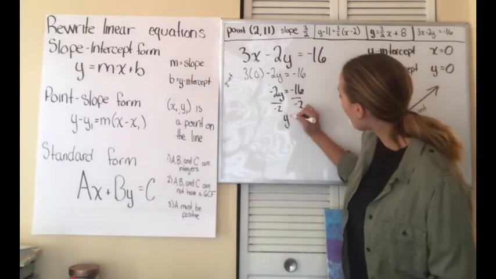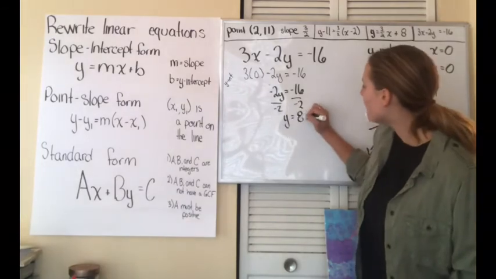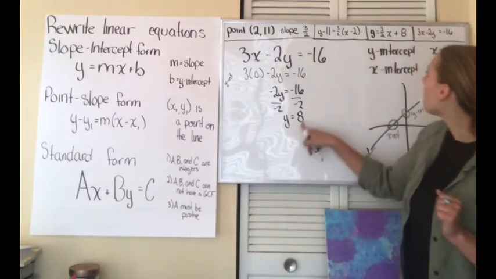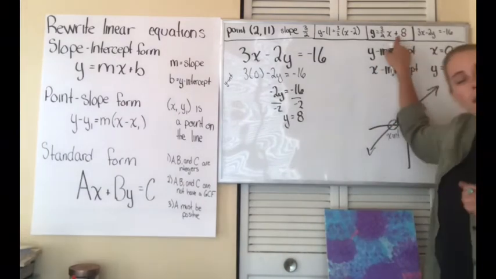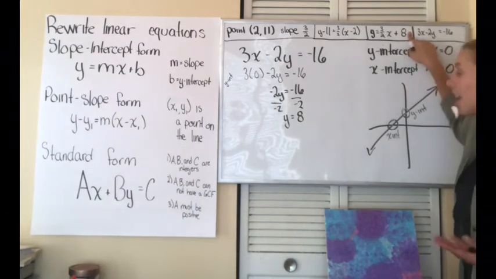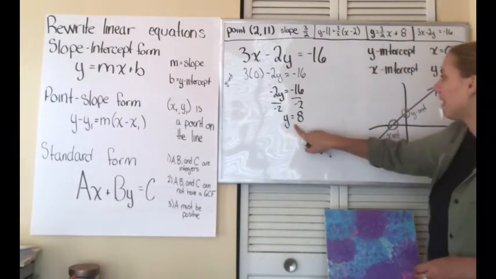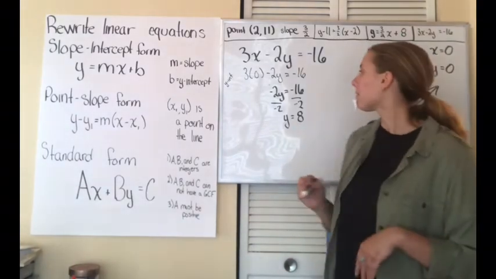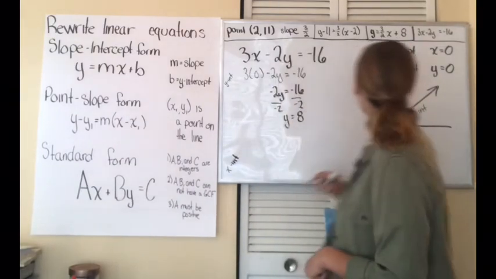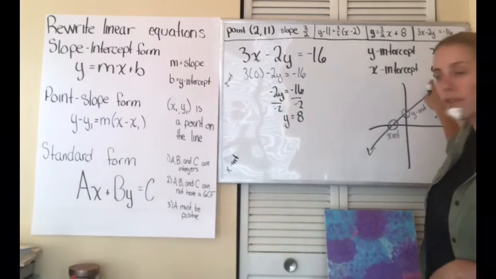And I end up with y equals positive 8. And I can double check my answer by looking at my slope-intercept form, because my y-intercept is this constant value, it's 8, we're correct.